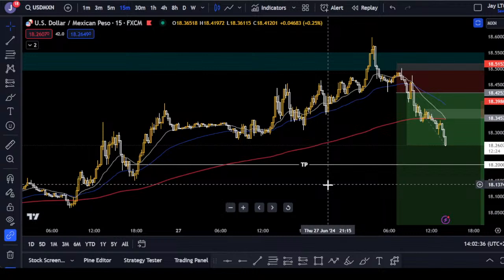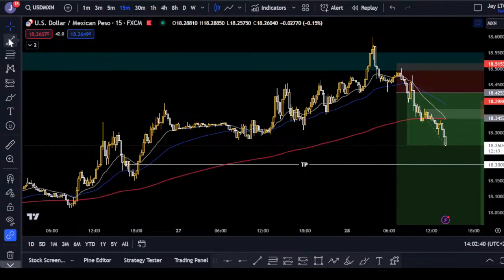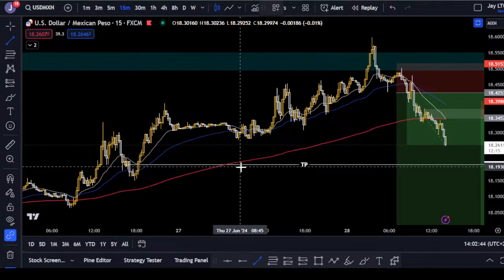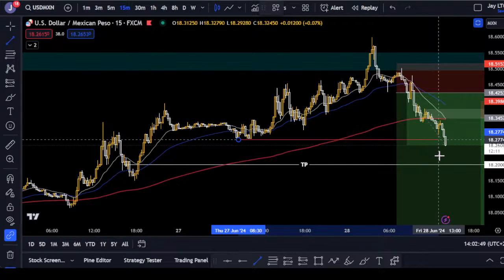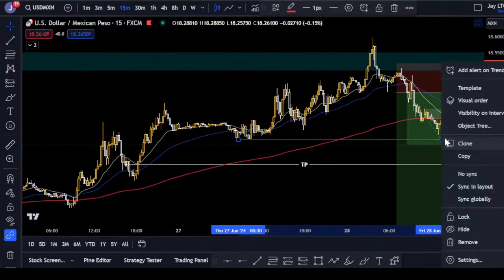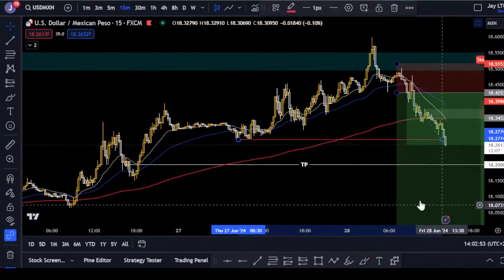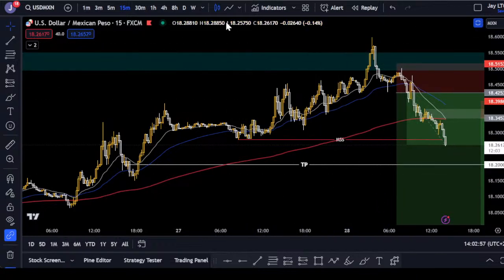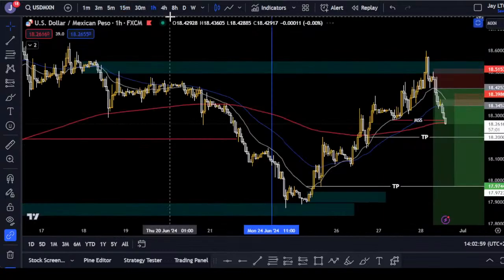What I really like right now is that we have taken out this low here. That is quite important. It confirms the bearishness, the market structure shift that we are in.